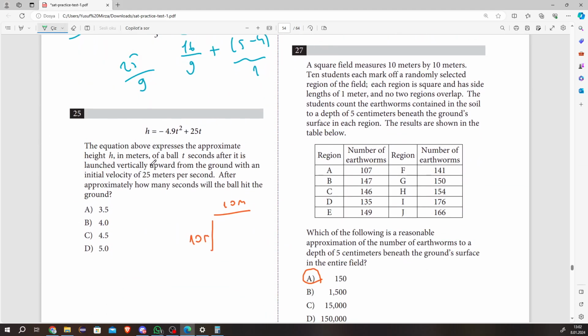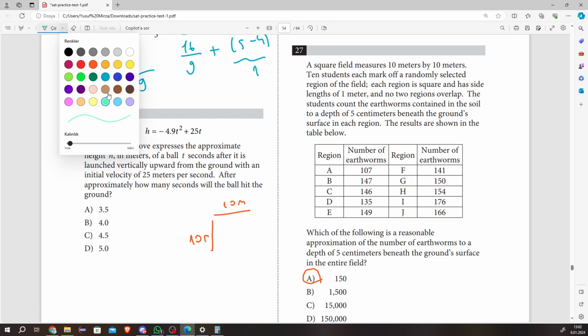Let's go ahead. The object is launched per second. After the bullet, when will the bullet hit the ground? Okay. Yeah, we are looking for hitting the ground, and oh, it's a bad color. It's a really bad color.